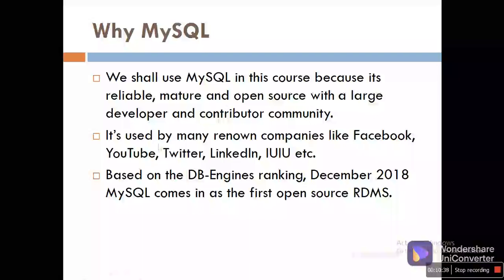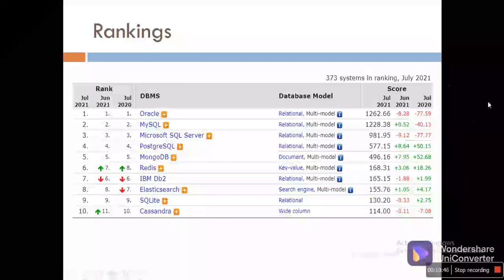Based on the rankings, I forgot to change this. It is the latest, July 2021, so it is just recent. You can see that MySQL ranks second after Oracle, and it has maintained this position for almost so many years.